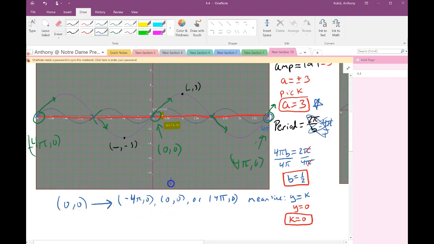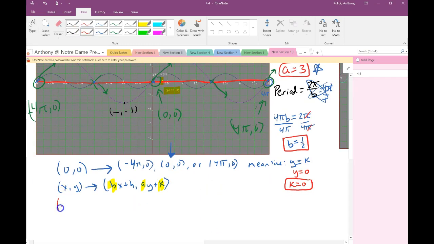So let's say we use this one. And remember that our general transformation is bx plus h, ay plus k. We already know our values for b, a, and k, so I can plug that all in.